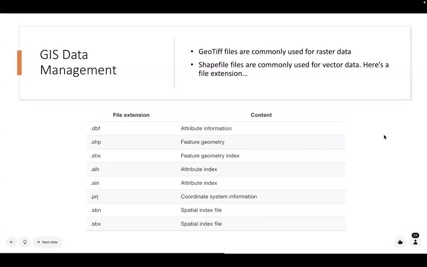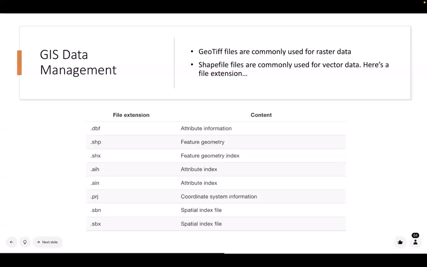This image below is a file extension of a shapefile. And yeah, it's used for, as we said, discrete features like crime locations, street networks, administrative boundaries. And when we said that vector data contains three geometry types, the points, the lines, and the polygons, right?